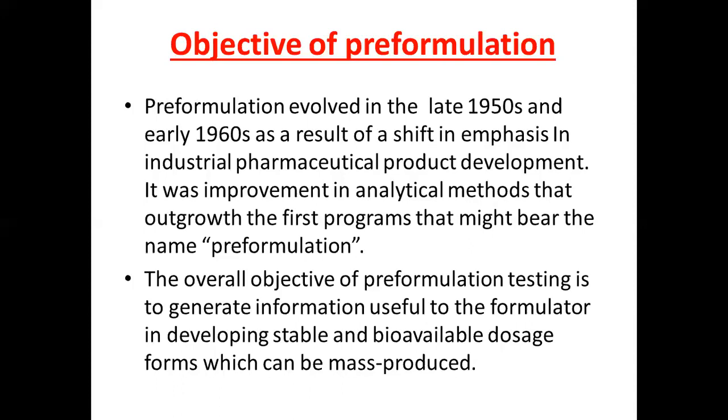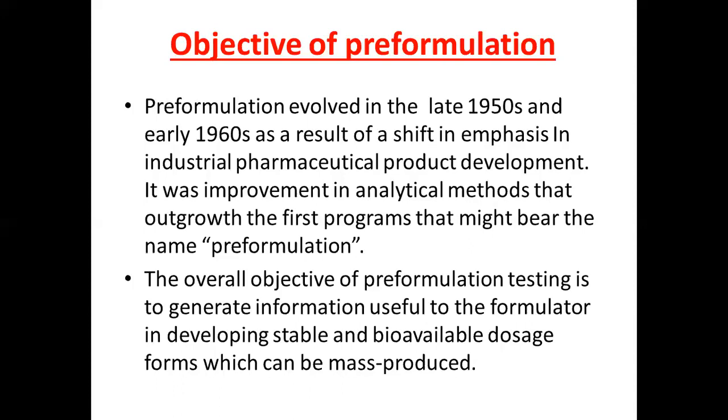In developing a stable bioavailable dosage form, bioavailable means if 500 milligram of Augmentin or certain other drug is going to be used, and if only 50 milligram is available, it means that its bioavailability is very low. Whatsoever is taken, if it's 500 milligram, then no doubt there are certain fillers and excipients as well, but the active ingredient should be high.